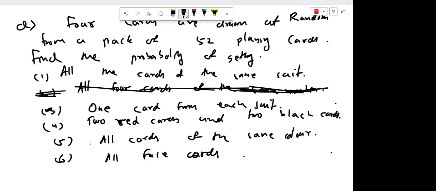So ace is not included in the face cards, right? Yes, correct.